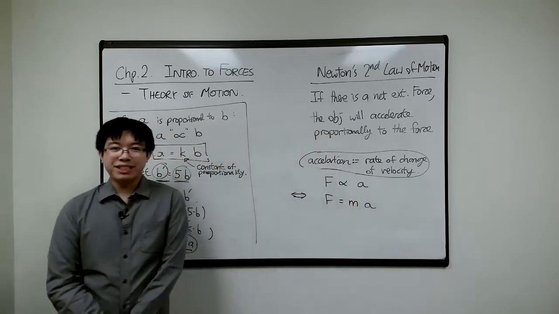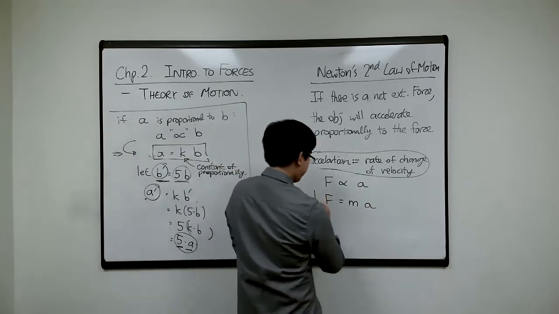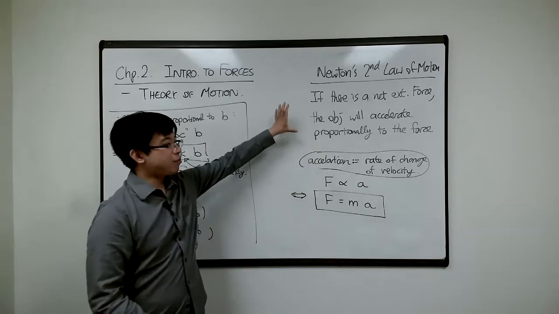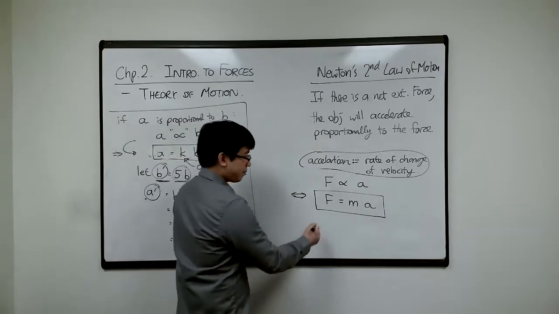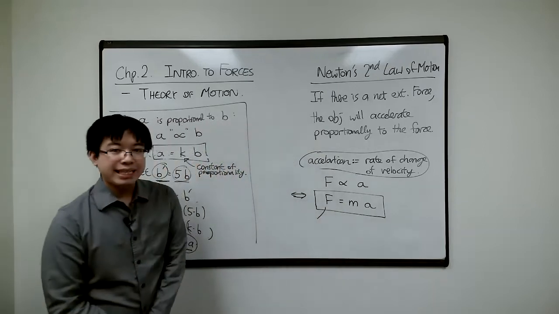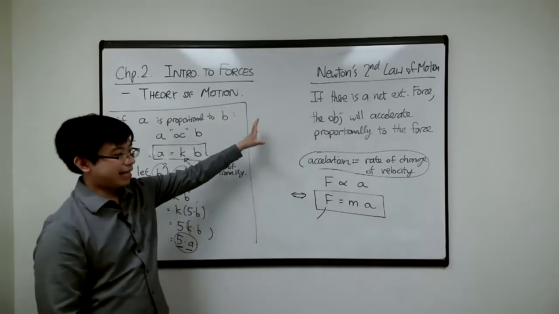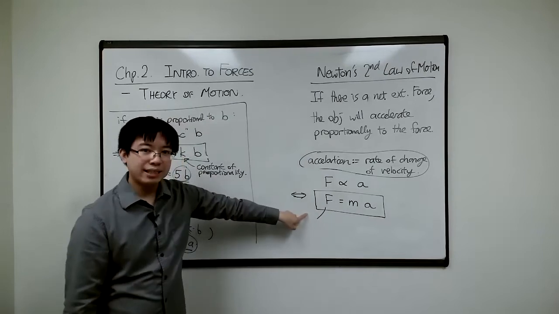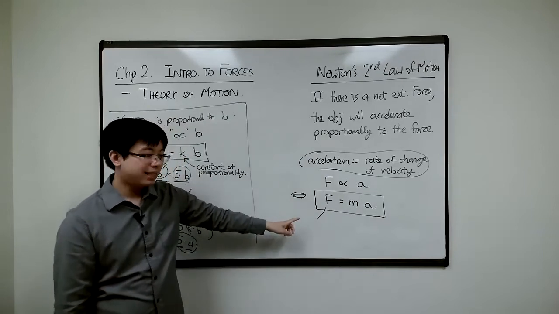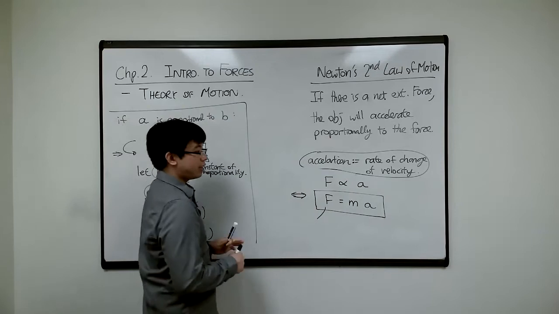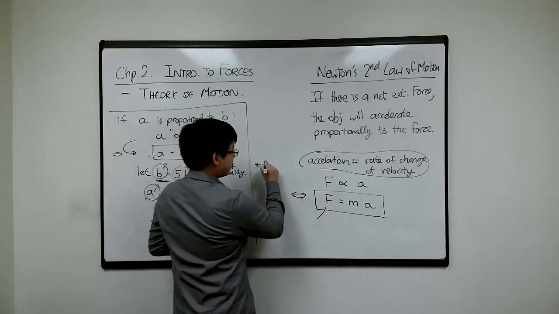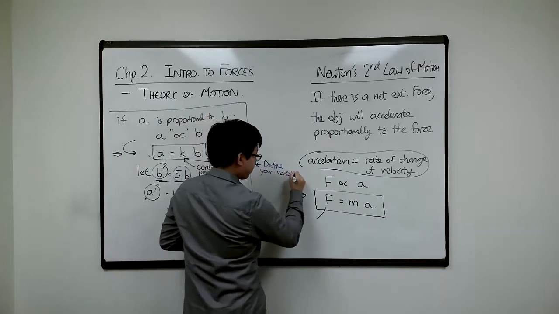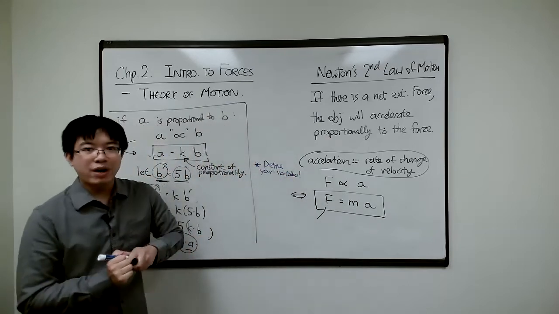So you may or may not have seen this before, one of the most famous formulas. Basically, I can summarize Newton's second law by writing this. Just a tip in exams: if you're asked what Newton's second law is, you can either write it in full English like this, or you can write it in symbols like this. But if you write in symbols, make sure you define your variables whenever you write something in variables.